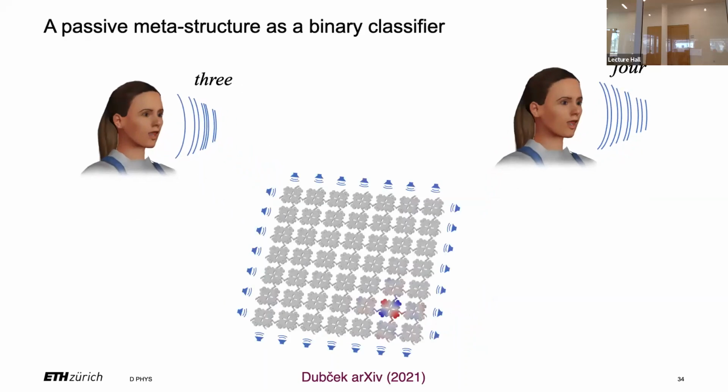And that's the system that we have in mind more precisely. We have speakers that just excite from the side an array of oscillators, and I measure the energy in the middle. And I want the middle plate to be excited like crazy if someone says 3 and sit still if I say 4.